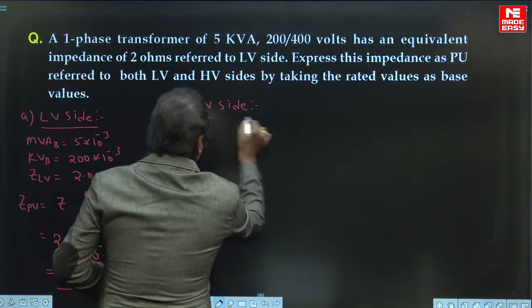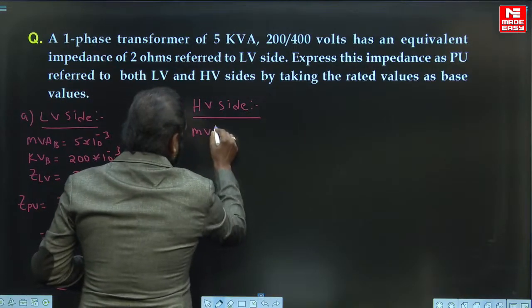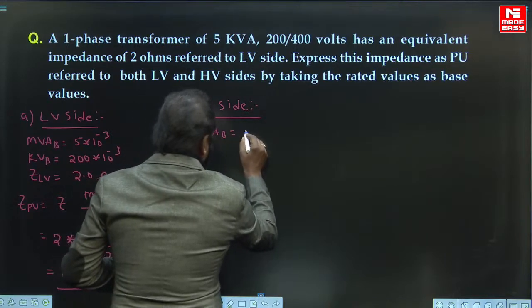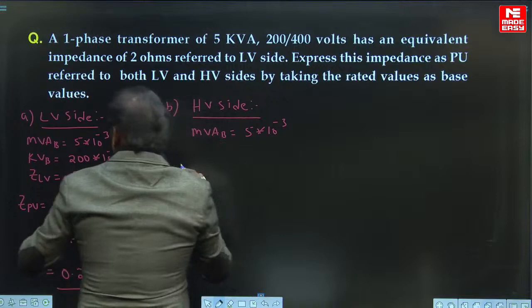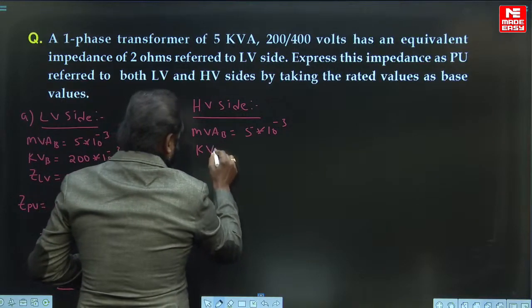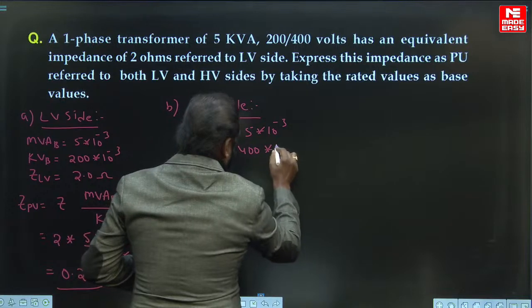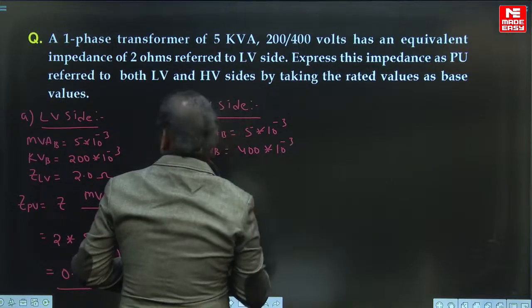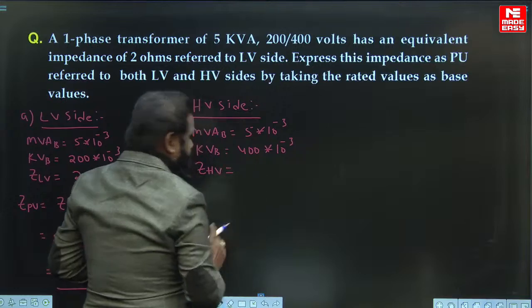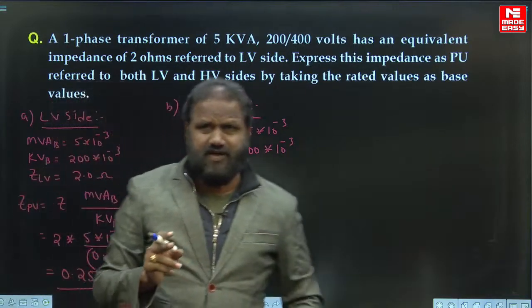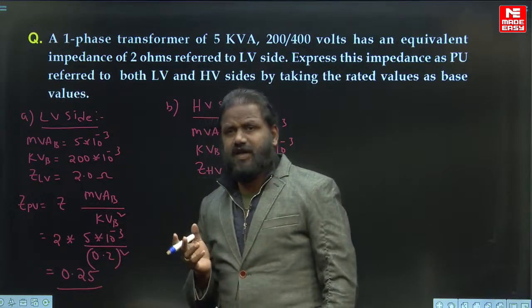If I go for the HV side, you can observe MVA base is the same, 5 into 10 power minus 3, and kV base is 400 into 10 power minus 3. For Z HV, the 2 ohms impedance is given referred to the LV side only, so we need to calculate it for the HV side.